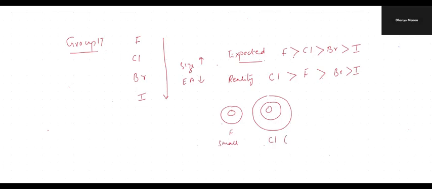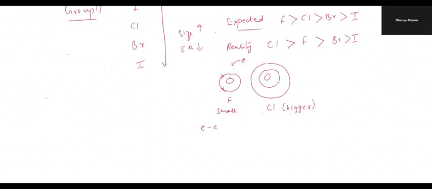If the electron comes in, there are already electrons in fluorine, so the tendency of electron repulsion increases because of the small size of the atom. But in case of chlorine, because it is bigger, it has enough space. The chances of electron repulsion are very less. So that is why chlorine has more electron affinity than fluorine.